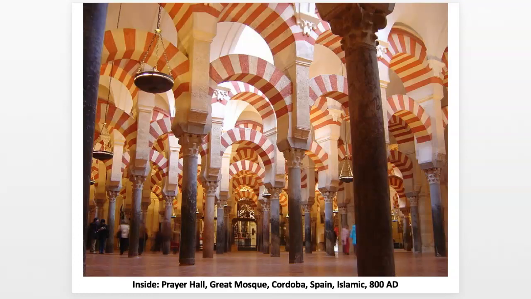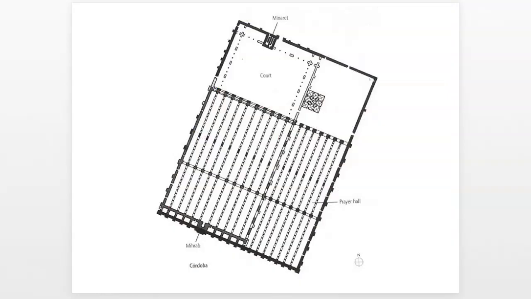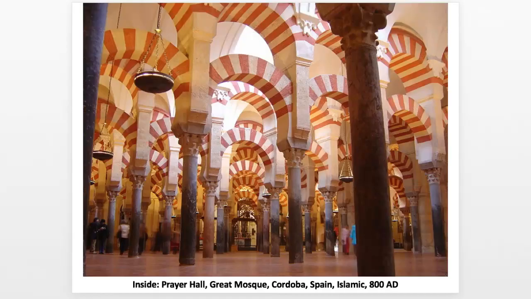So as we go inside the prayer hall, this is coming in, looking out the courtyard. So we're talking about this area of the building. We're going to see that there's kind of an interesting thing going on here with horseshoe arches. This is associated with Islamic architecture, but the origin is Mesopotamia and the Visigoths as well.